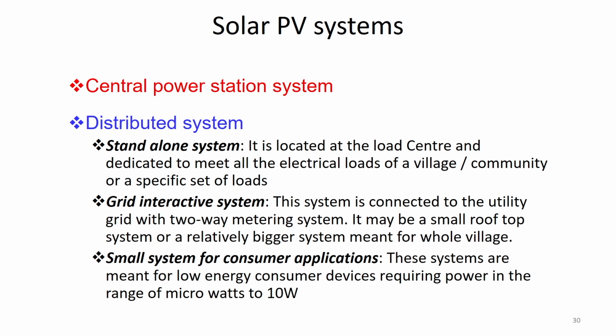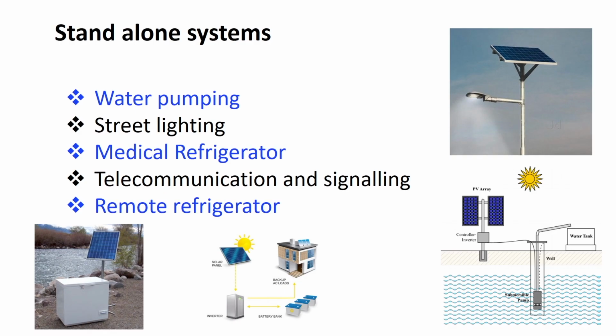Small systems for consumer applications includes the systems which are meant for low energy consumption or low energy consumer device requiring power in the range of microwatt to 10 watt. So, these are some of the applications of standalone system like water pumping, street lighting, medical refrigerator, telecommunications and signaling, remote refrigerator. These are some of the photographs of the devices.